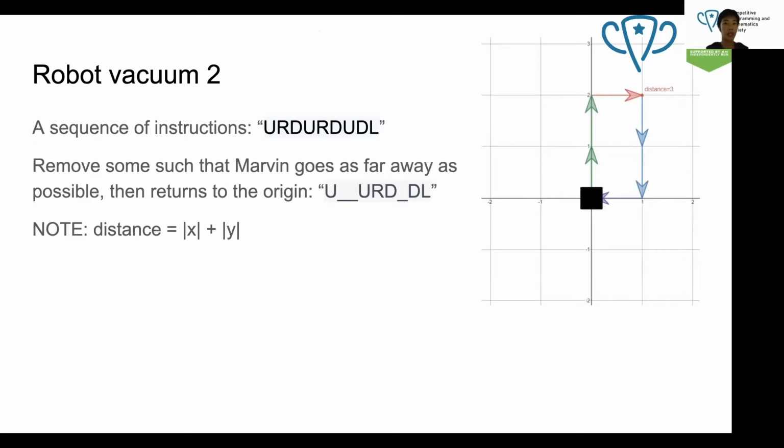In this situation, the blanks are the places I've removed. Once you do that, you can move a distance of 3 before coming back to the start. It's a distance of 3 because if you look at the top right point, the coordinate is 2, 1, and so the distance is 2 plus 1.